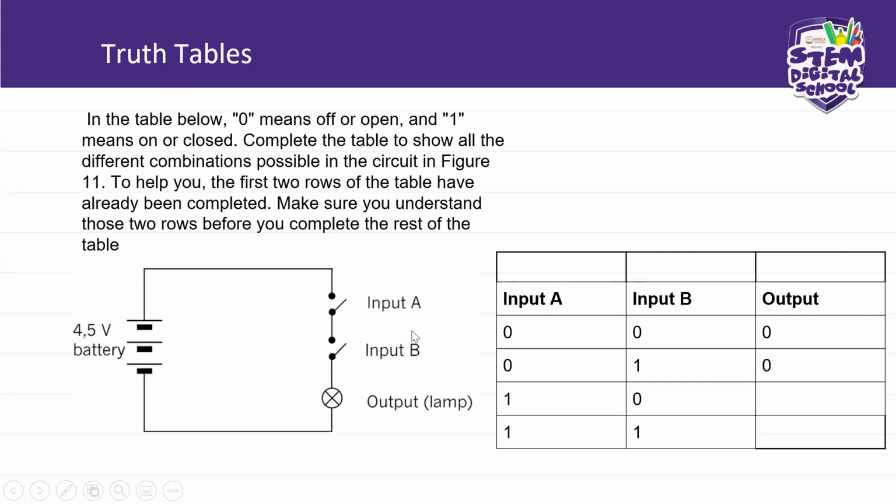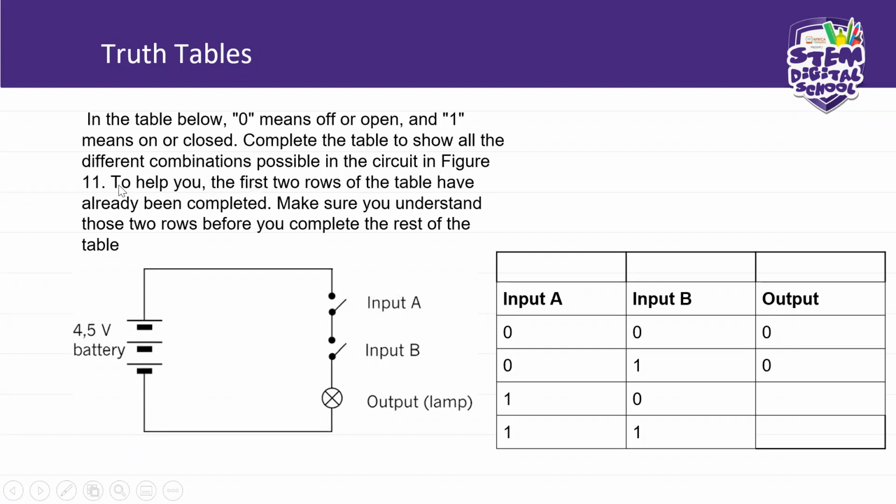In the below table, 0 means off or open. Remember, when you say the switch is open, it means it's off. And 1 means on or closed. Complete the table to show all the different combinations possible in the circuit.